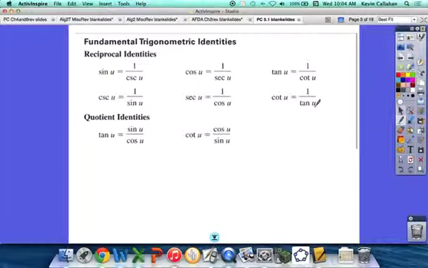But in the identities, they always use U. Is everybody good?